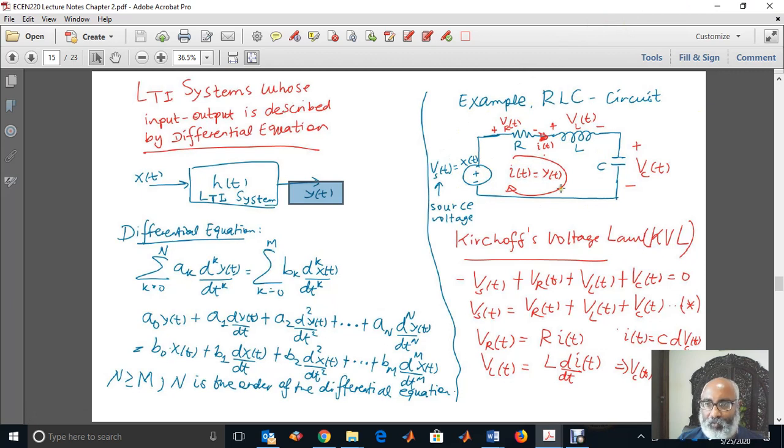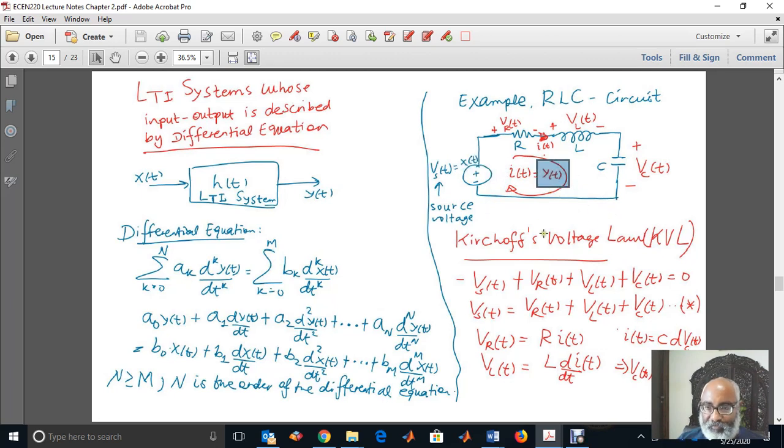And I would like to find the output current, the current flowing through this series RLC circuit, a resistor, inductor, and capacitor. So basically, I want to find the differential equation relating x of t, the input source voltage, and i of t, which is equal to y of t, the output current.